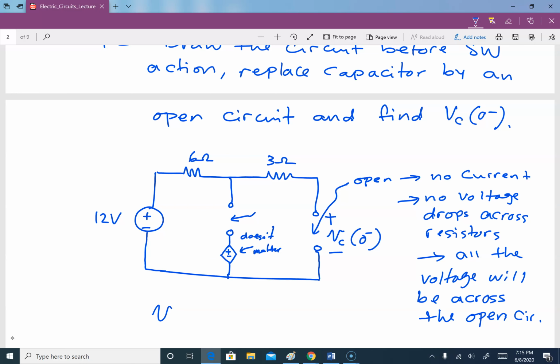That means our VC of 0 minus is equal to 12 volts.